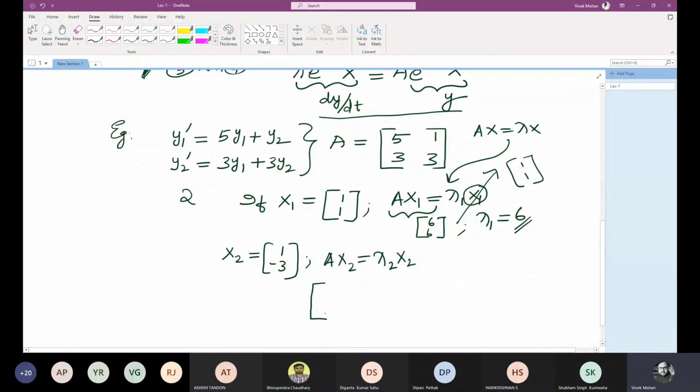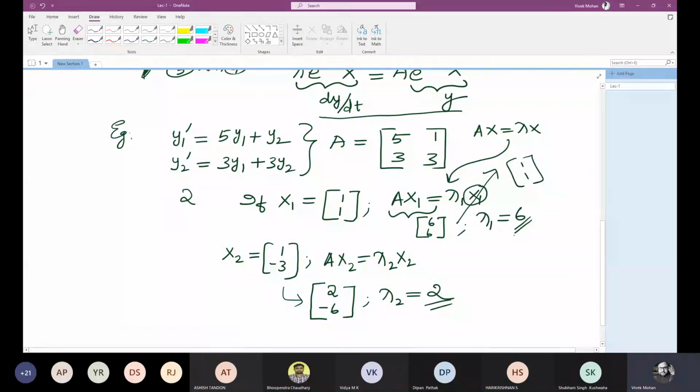Ax2 is 2, minus 6. Now, what is lambda 2? Our x2 is 1, minus 3. It is multiplied with which scalar to get 2, minus 6? Lambda 2 is 2. So you get lambda 2 and lambda 1.